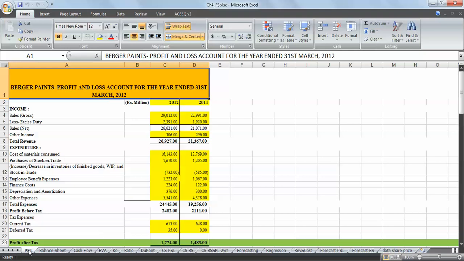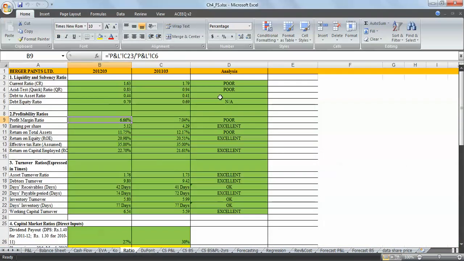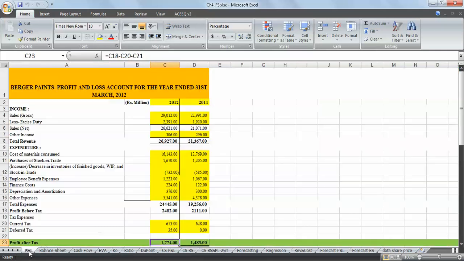C23 is here, profit after tax 1774 divided by P&L C6. So, P&L is here and C6 is here, sales. This is the net sales after excluding the excise duty.